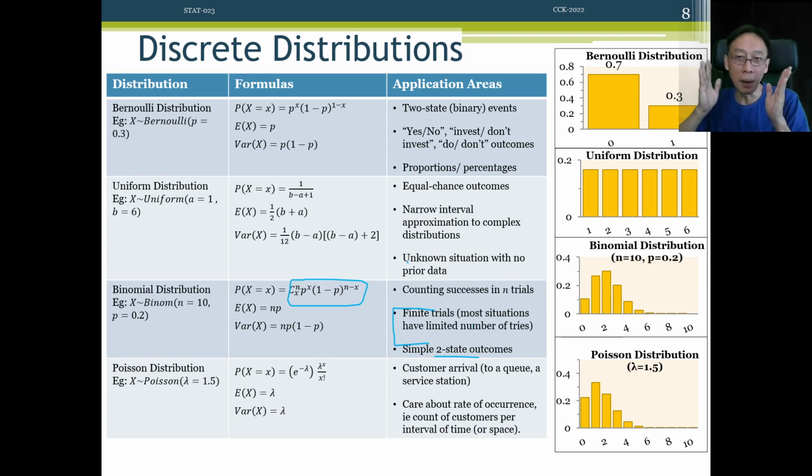But if you say, if I invest in these 10 stocks now, how many stocks? What's the chance that 5 stocks will give me positive returns? What's the chance that 7 or more stocks, 7, 8, 9, 10, will give me positive returns? If you ask that question, then you definitely are on to binomial distribution.